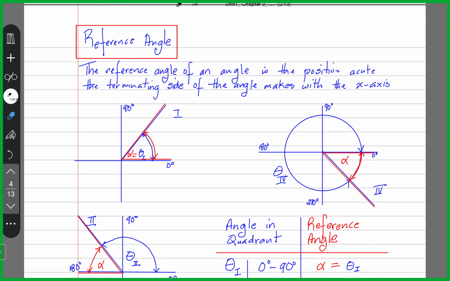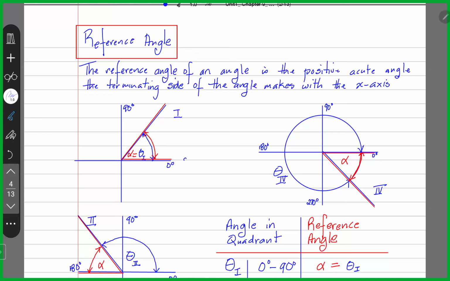It is the positive acute angle the terminating side of an angle makes with the x-axis.